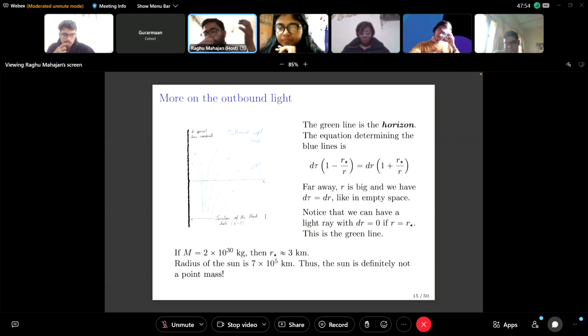To make the earth into a black hole, you have to squish it so that it's smaller than 1 millimeter. Those are very extreme conditions. The earth is 6,400 kilometers in radius, and you have to shrink it down to 1 millimeter, and only then does it become a black hole. So the sun and the earth currently definitely do not fit this description. They are not black holes.